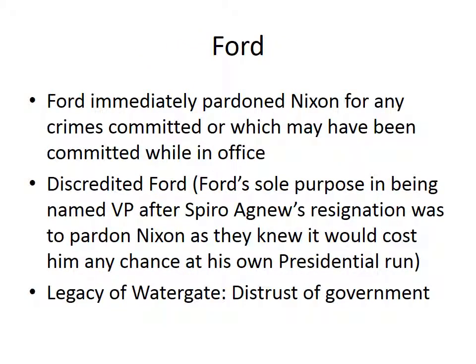Ford, for his part, is really presented as a sacrificial lamb. Okay, early on in the days of Watergate, in the '72 election, Nixon's running mate was Spiro Agnew. So when Nixon comes in for his second term, Spiro Agnew is the vice president.